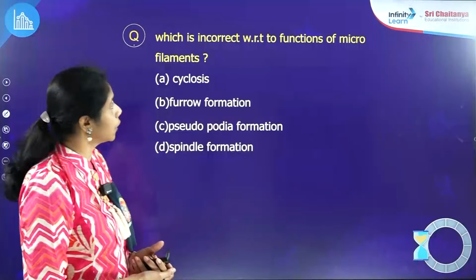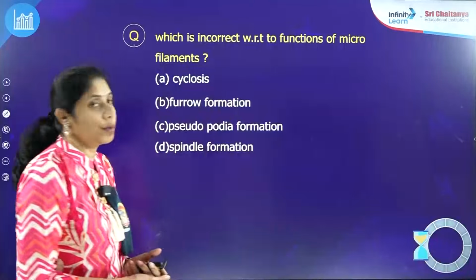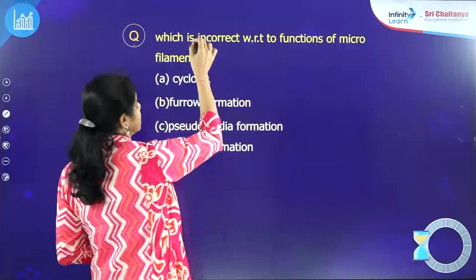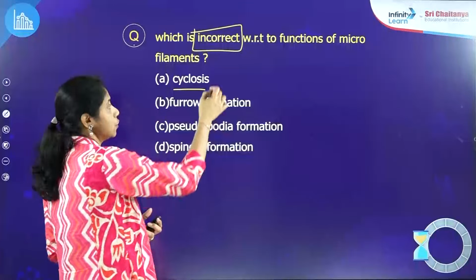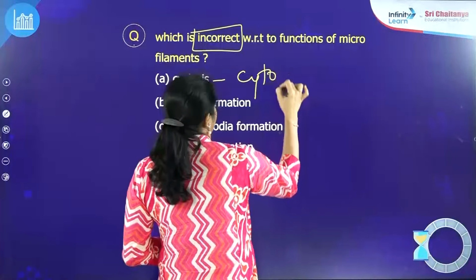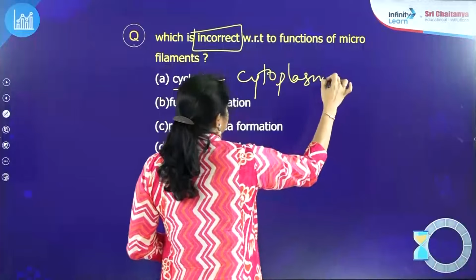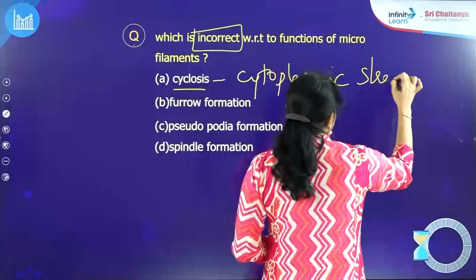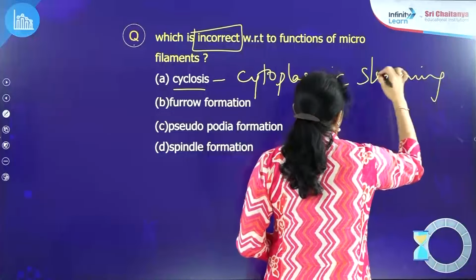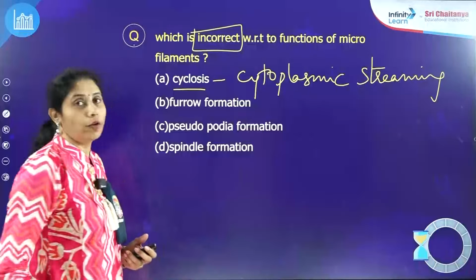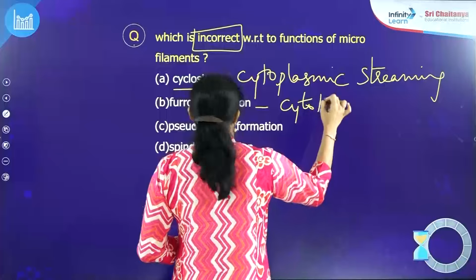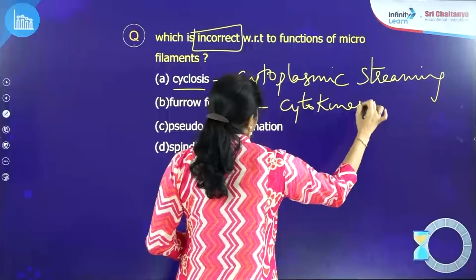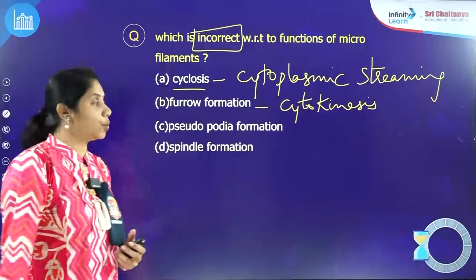Which is incorrect with respect to functions of microfilaments? This you have to find out. The cyclosis is also called cytoplasmic streaming. Then furrow formation, it helps in cell division or the cytokinesis process.